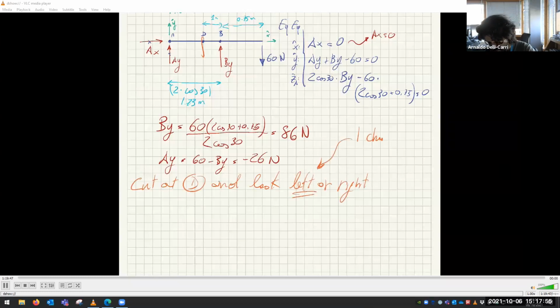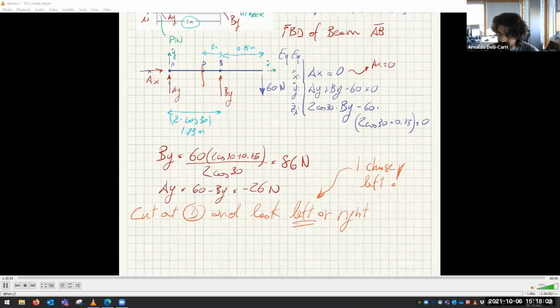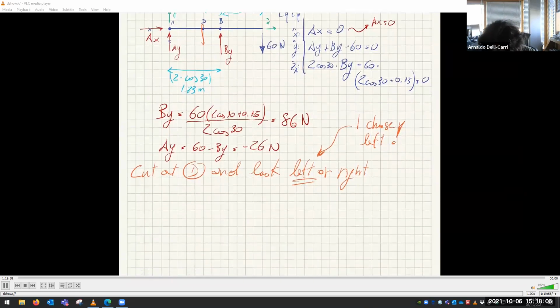I choose left. So if I choose left, I have to draw everything that is on the left of point D. That means I am looking at this. This is point D. This is point A. Then I have this Ay.